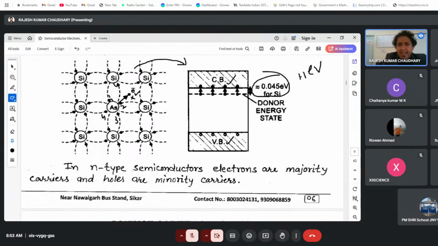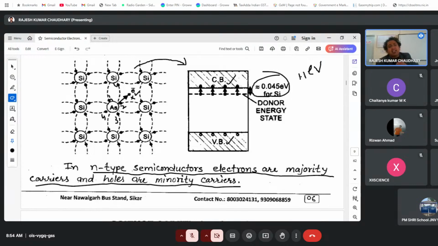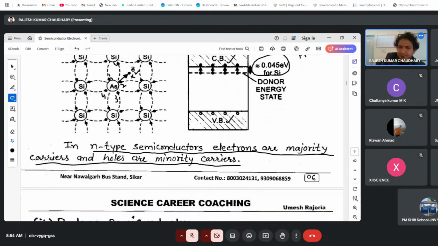In an n-type semiconductor, they can ask you which is the majority charge carrier. So what you have to answer? In an n-type semiconductor, majority charge carriers are electrons and minority charge carriers are holes. Got it?